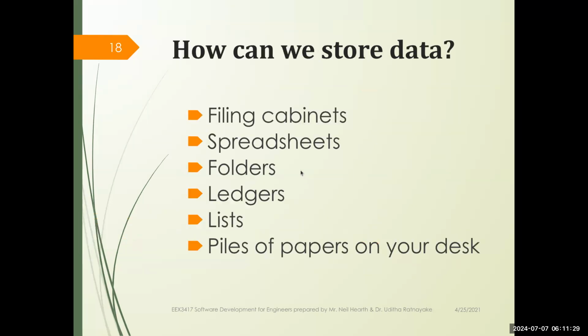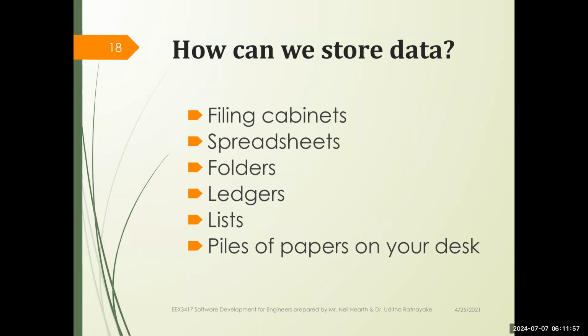How can we store data? Filing cabinet, that is actually a box, right? Physically, we can keep letters, put some letters in a file and put them in a cabinet.